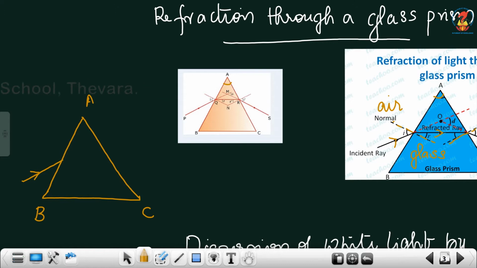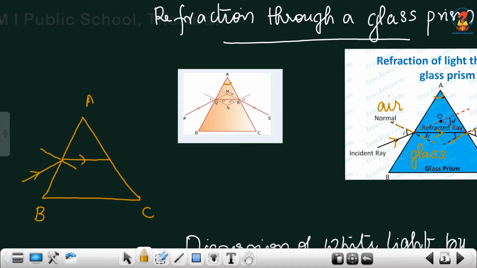At this point, we need to draw a normal. Now, the light enters from air to glass, that is, from a rarer medium to a denser medium, so it will bend towards the normal. This one is a refracted ray, that is, the ray of light inside the glass prism.